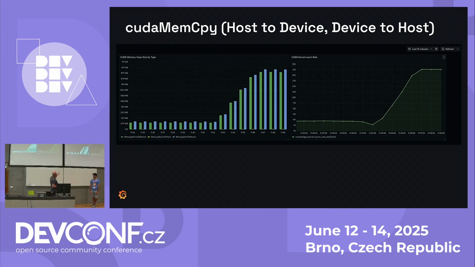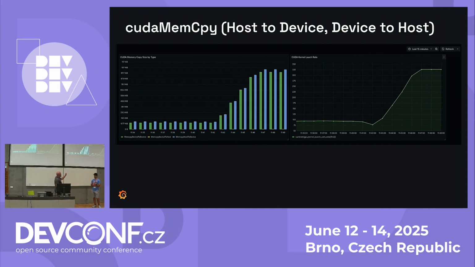And as we can see, when there is a second prompt, the memory allocation grows. And it's also interesting to see here that, of course, there is more memory copied from the CPU to the GPU than the other way around. This is basically because when we are sending a prompt, we are sending a large number of float numbers, and the GPU just responds with a few values, which is the answer to our prompt.